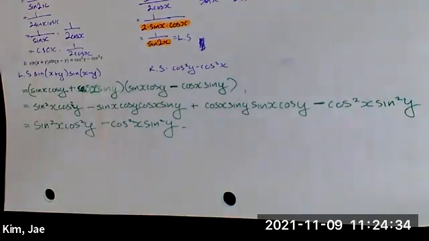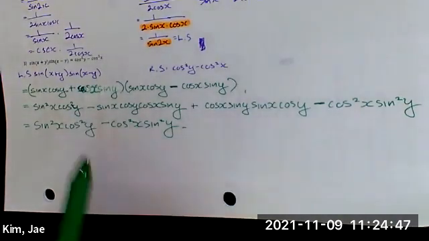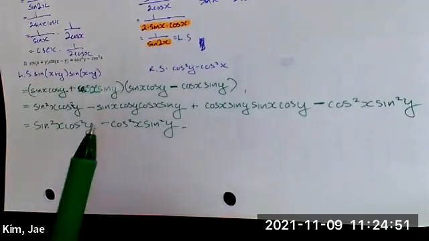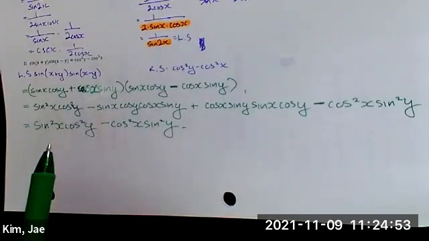Take the sine away. Sort of. We could use a double angle formula. Unfortunately, these are squares. It doesn't fit the double angle formula properly.